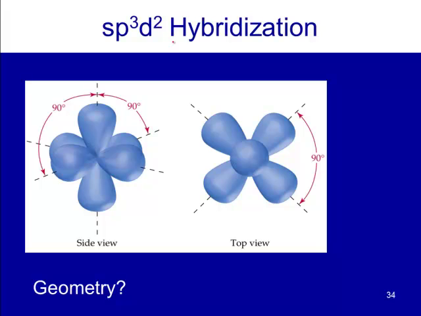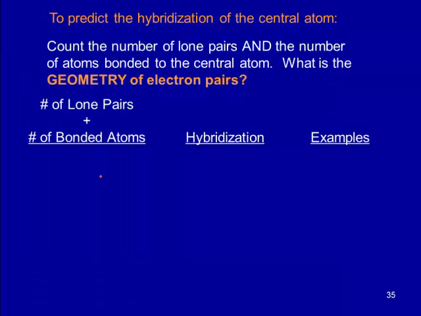So the next logical step will obviously go to the sp3d2. When those start to hybridize, you will have an octahedral shape. This is the side view, and it's perfectly square here with a kind of a dumbbell running through it, and this one gives you the top view.